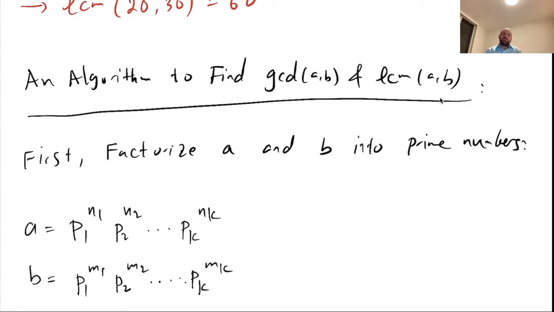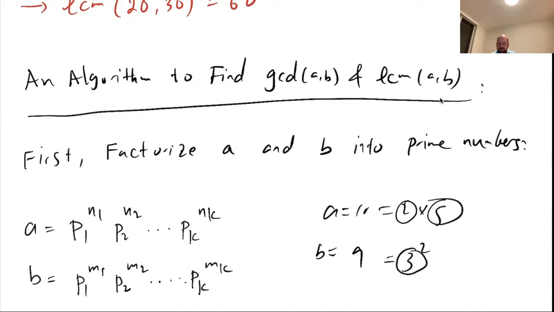Because of course it's possible that the prime numbers listed for A are different than those listed for B. For example, if A is 10, then this is 2 times 5, but if B is 9, then it's 3 to power 2. So this prime number is not the same as these prime numbers. The powers are 1 and 1, and this one 2, but the prime numbers could also be different.